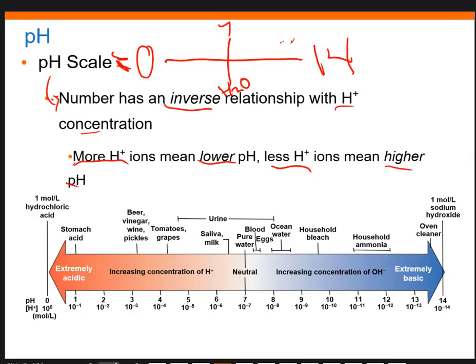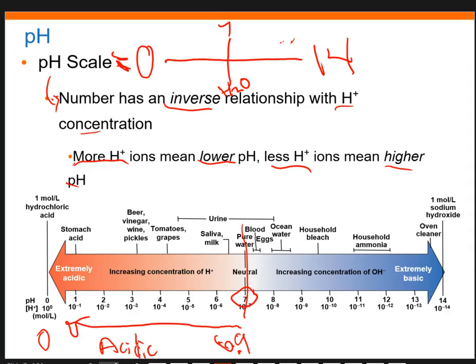Now, I have this coming up on the next slide, I believe, but here on the scale, you see pure water is in the middle at a pH of 7. If you look at less than that, from 0 to 6.9, that pH is acidic. Those are acids.